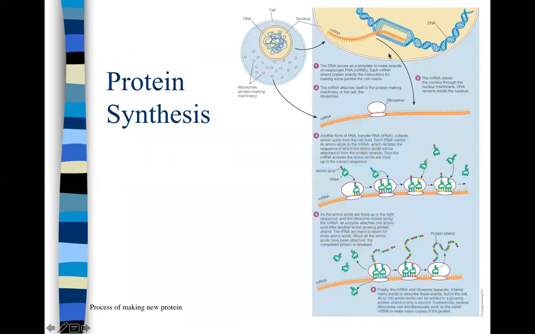And each messenger RNA copies DNA exactly, so it has the same kind of genetic code. mRNA leaves the nucleus of the cell, and DNA stays inside the cell. mRNA will attach itself to a protein-making machinery called a ribosome, and the ribosome will help form this amino acid chain by adding one single amino acid at a time and moving down the mRNA, which serves as kind of a blueprint.